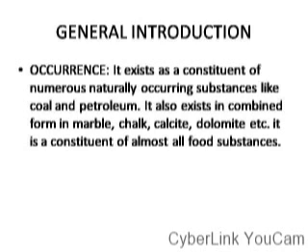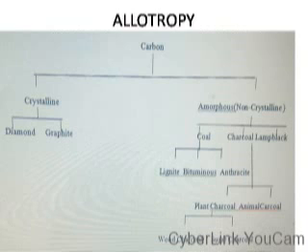It's an element that exhibits allotropy, and the different forms of carbon are as shown in the table or the chart that you can see on your screen. Carbon can exist as crystalline form. It can also exist as amorphous form or non-crystalline form.